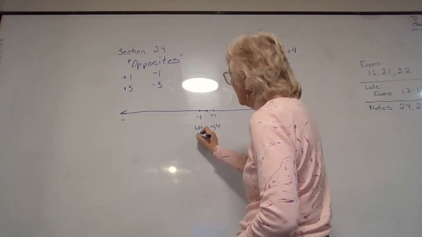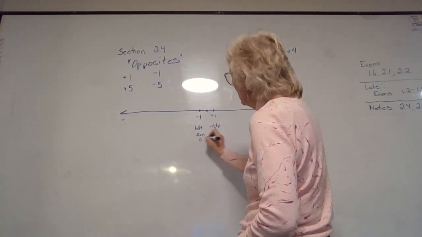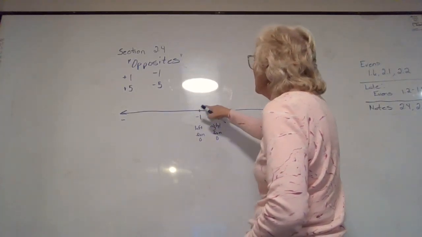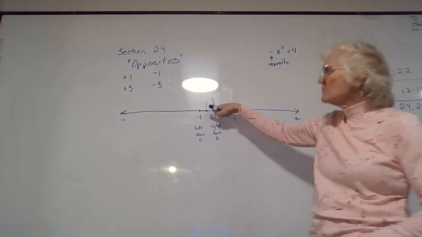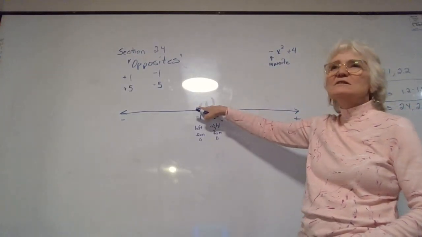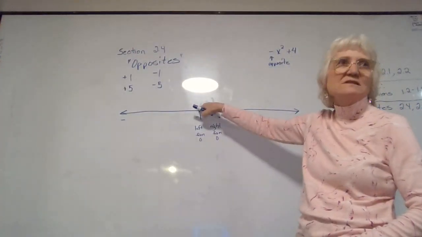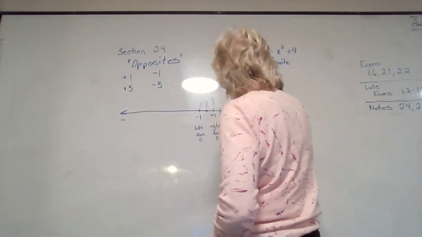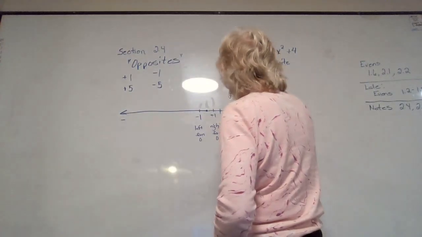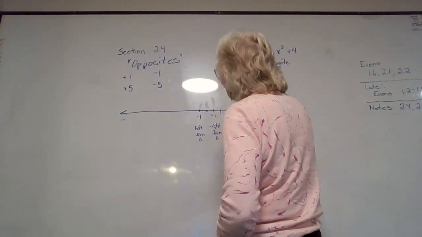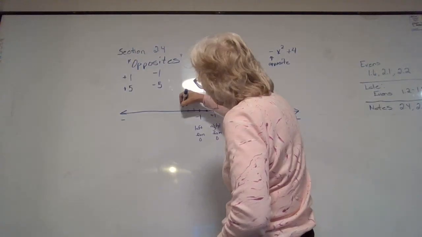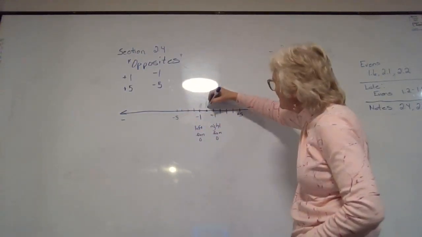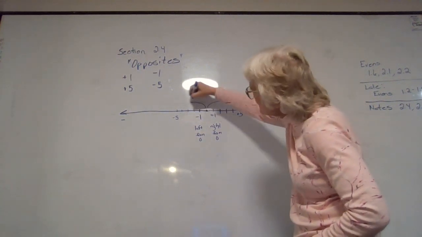This is from 0. So here I go positive 1, that means I'm stepping to the right 1. This is negative 1 because I went to the left 1 step. If I go 5 steps up here, that's the same as going negative 5, because this distance is the same as this distance.